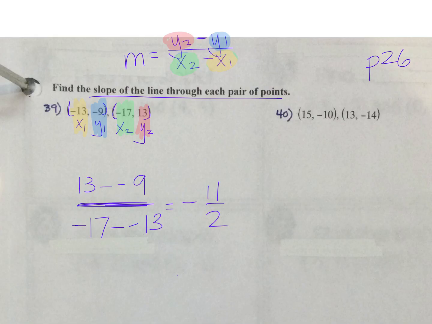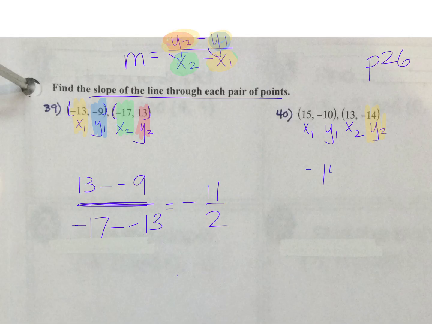All right, last one. We're not doing 41 and 42. x, y, x, y, group 1, group 2. Y2.